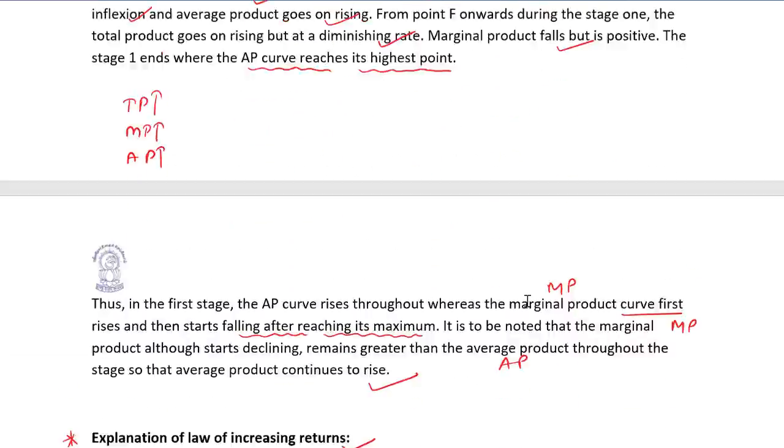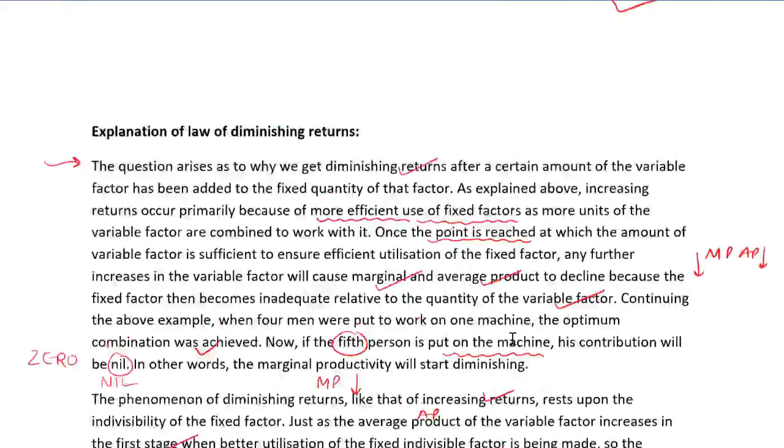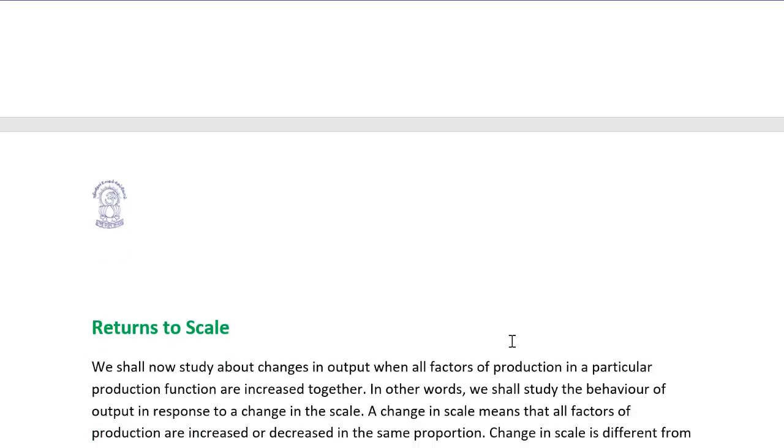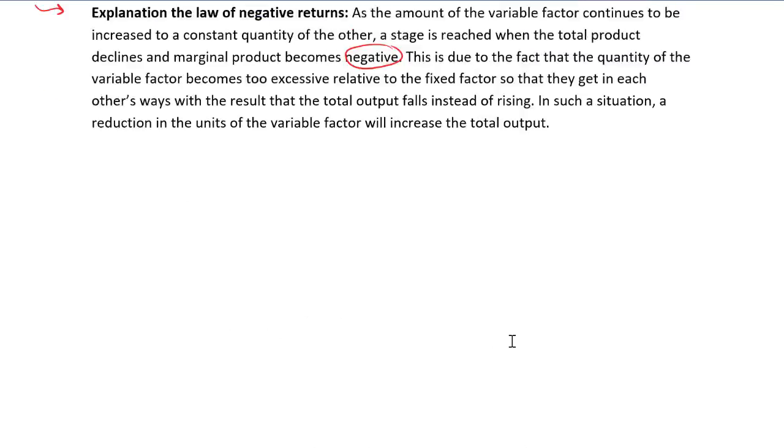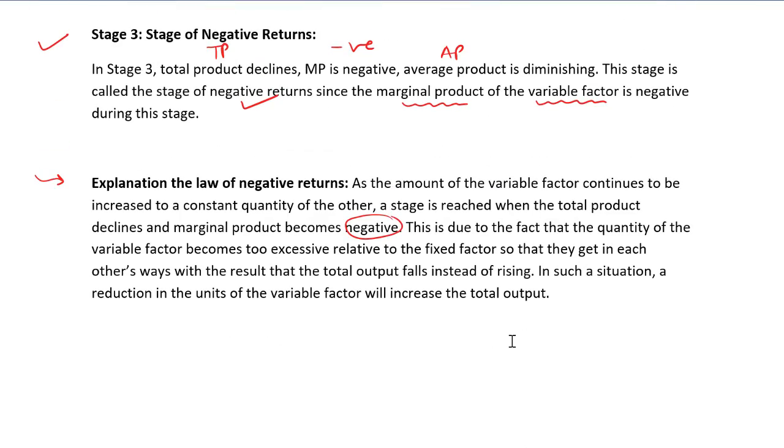Let's continue. This is due to the fact that the quantity of the variable factor becomes too excessive relative to the fixed factor, so that they get in each other's way, with the result that total output falls instead of rising.